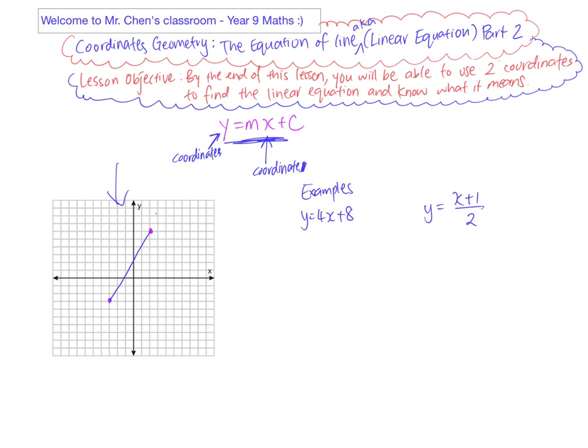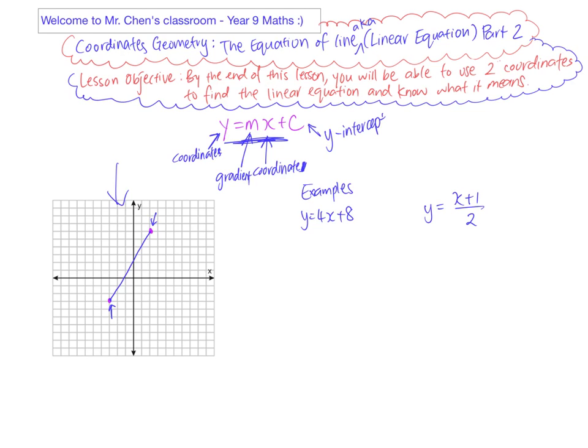You can use any one of these, and you are able to put those coordinates into this linear equation and solve it. And m here stands for your gradient, it's the abbreviation for gradient, and c here stands for your y-intercept.